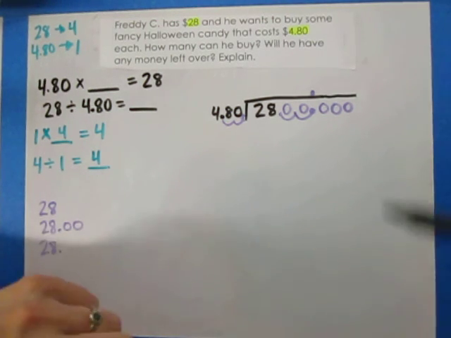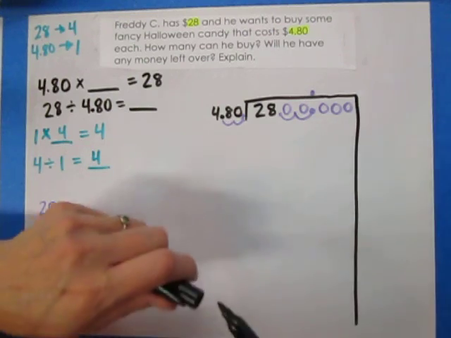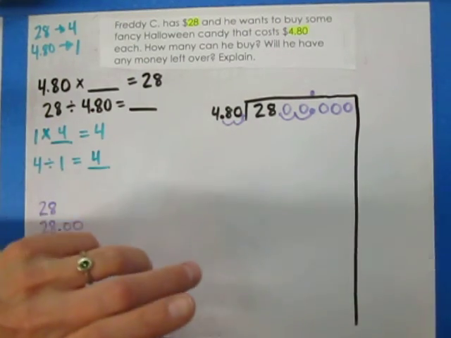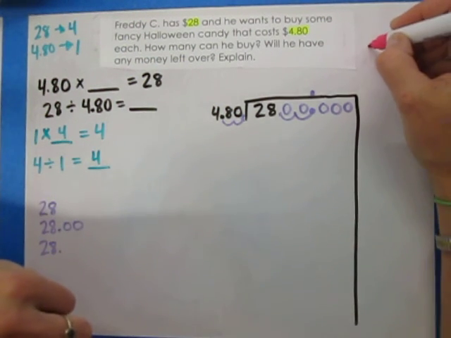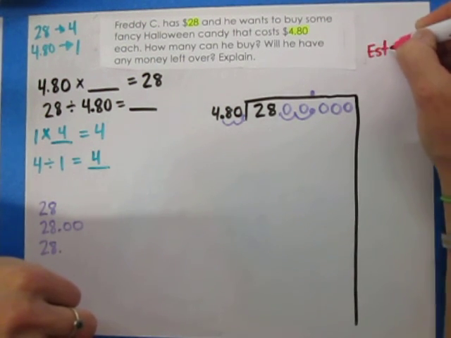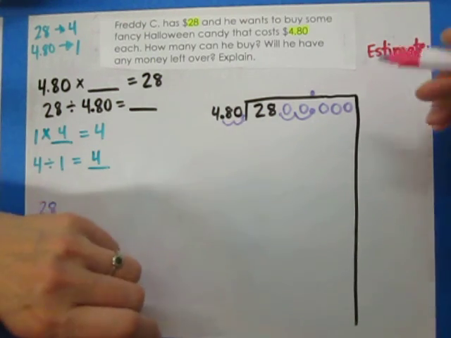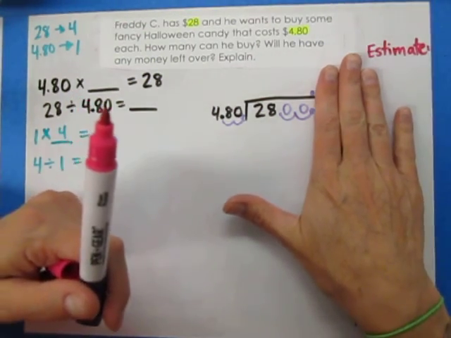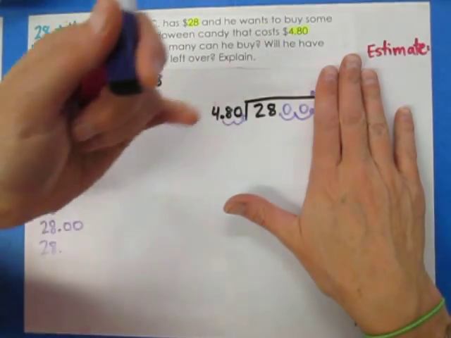So I'm going to do the sevens method again, where I make it really long. And now I'm going to estimate. So I'm going to pretty much ignore the decimal the whole time, except for right now and at the end. So for my estimate, I'm going to estimate with these numbers away. So now basically I have 480 into 2800.